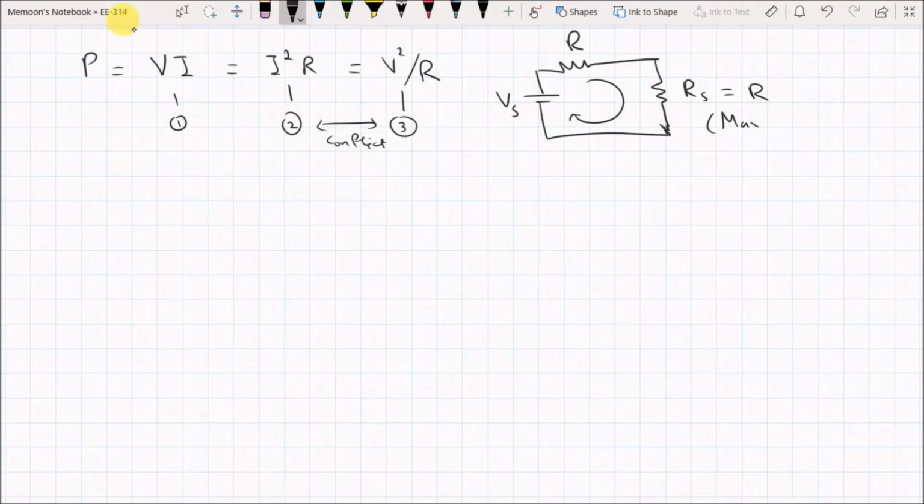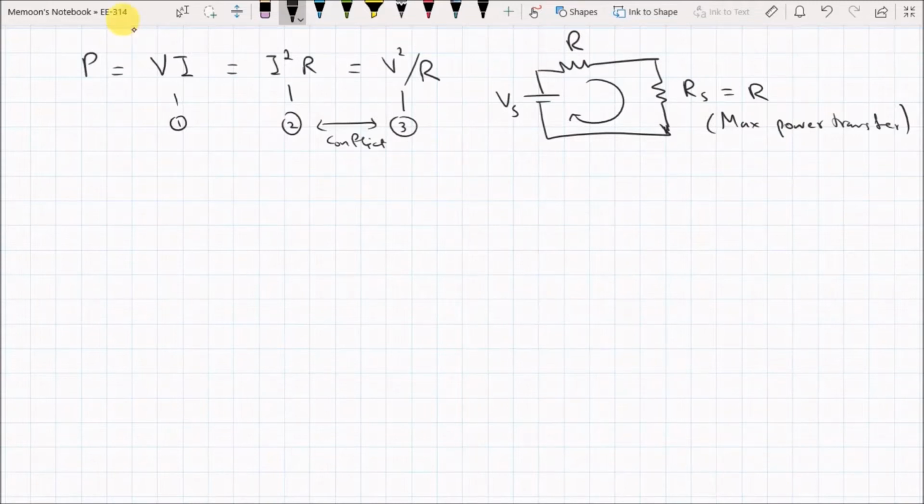So this is maximum power transfer. But at this point we do not know the value of either Rs or R; we just know that when they are equal, the maximum power will be dissipated or transferred to this load resistance, the sensor resistance. Now for further clarification, let's select some values of these resistors.